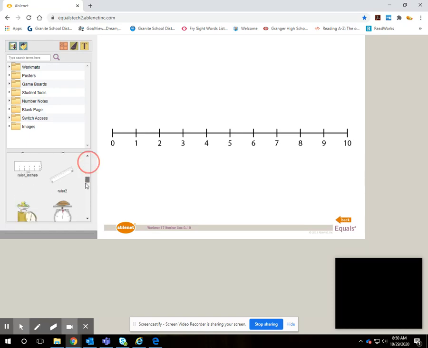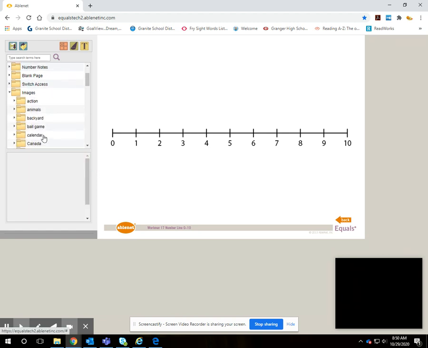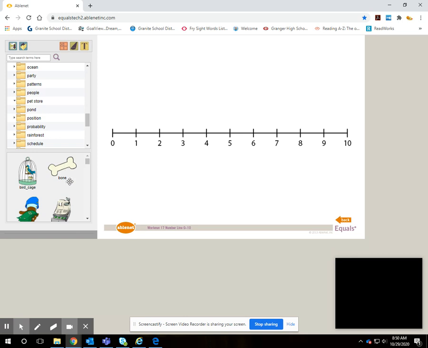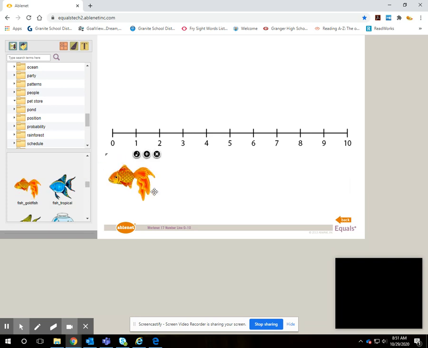And we can use some objects as well, because on our worksheet today, we actually only have objects to work with, right? So let's find our pet store, because we're still on the pet store stuff today. And which object should we use? How about some goldfish? That sounds like a good thing to work with today.